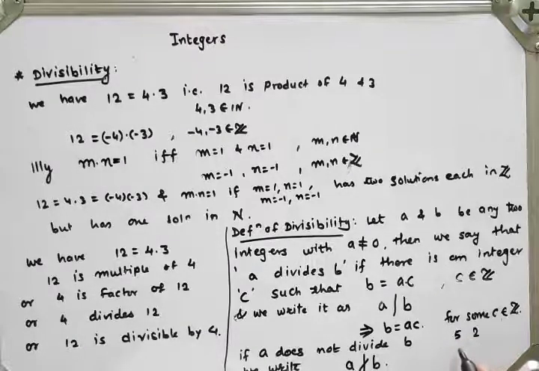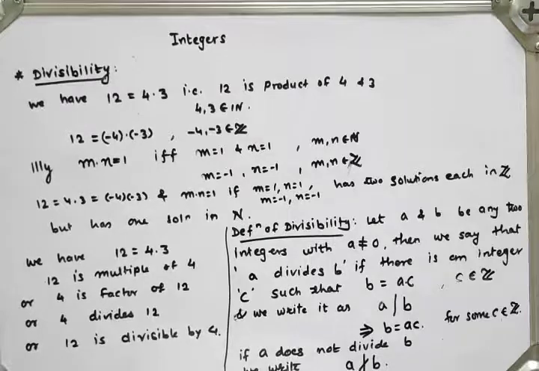Here 2 does not divide 5, so 5 is not divisible by 2. This can be written with a straight line and a cross through it. This is the meaning of does not divide.